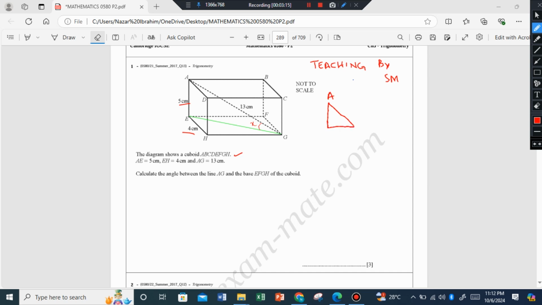This is A, G, and E. I want this angle, that is X.